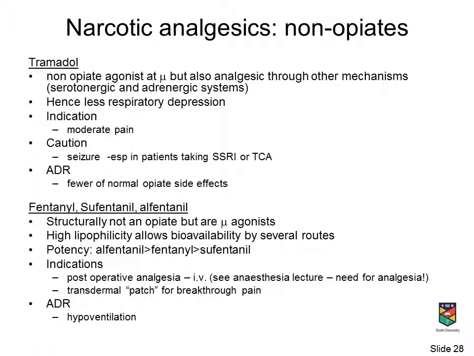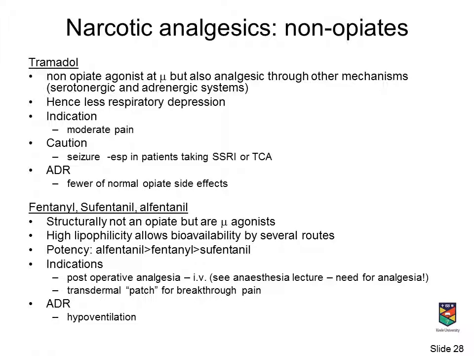And because those systems are also involved in pain transmission, that means that tramadol can act as an analgesic through opiate, serotonergic, and adrenergic systems, and that means that it causes analgesia by multiple pathways. So if you like, you can use a lower dose than you would otherwise need at the opioid receptor, and so you get less respiratory depression because you've got a lower opiate dose, but you're getting extra analgesia from the effects on the serotonergic and adrenergic systems.